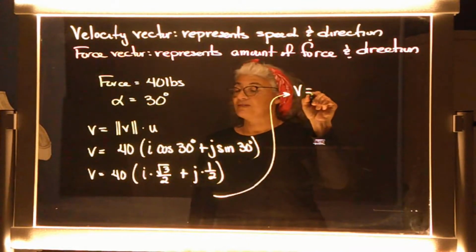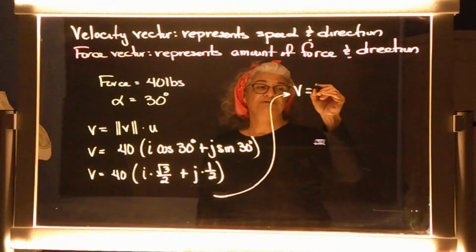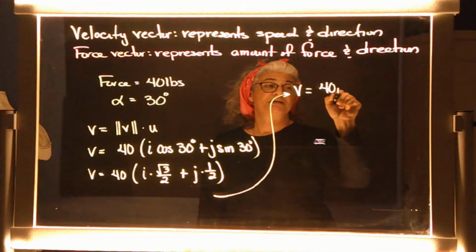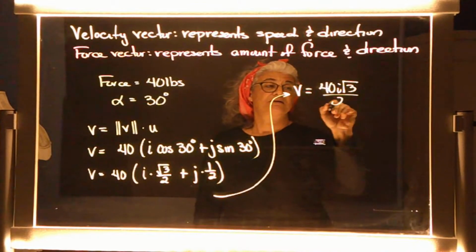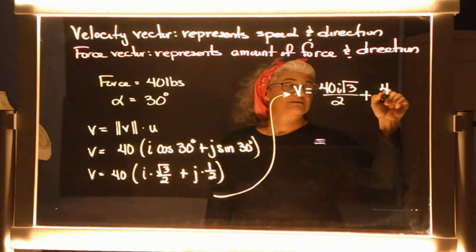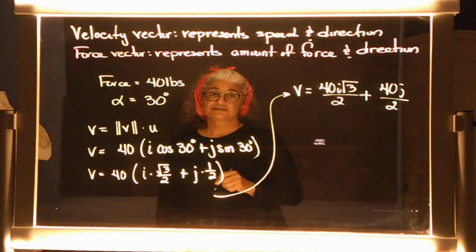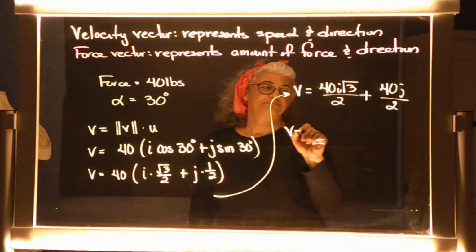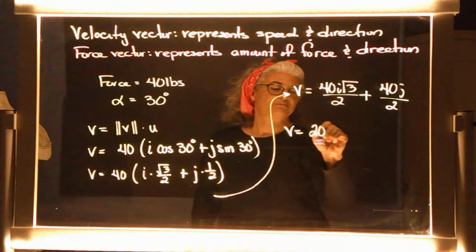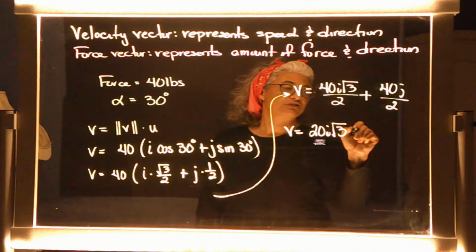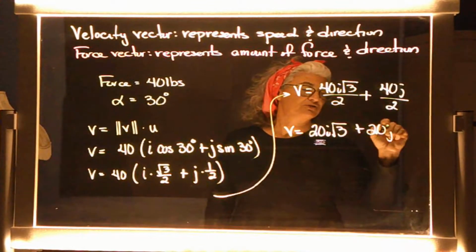So the force vector that we're actually finding would be this, right? But you've got to reduce it. So my force vector for this child pulling a wagon looks like this.